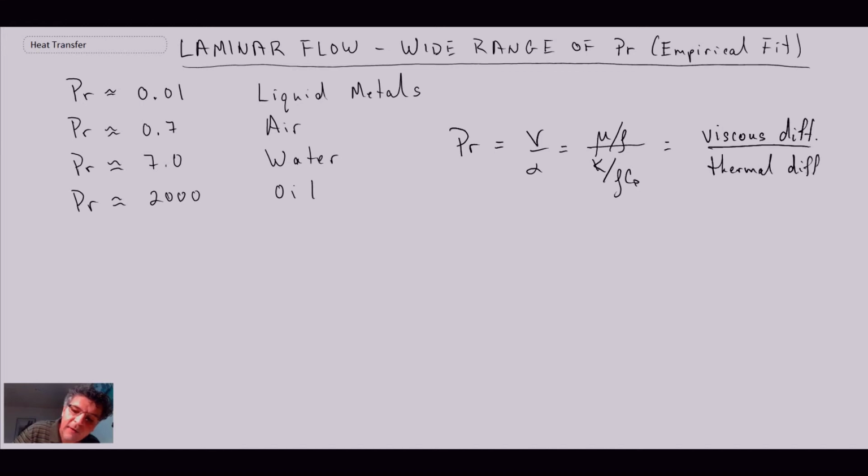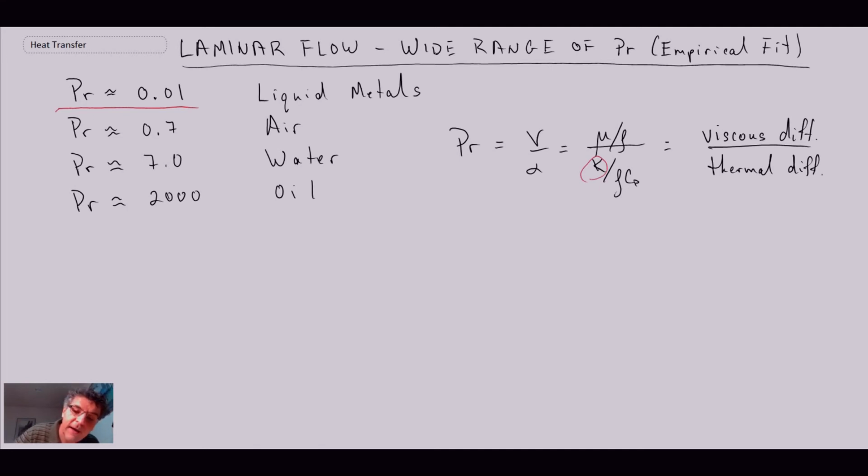And so that is why, if we look at a liquid metal, liquid metals are going to be highly conductive, and consequently k, which is in the denominator, is going to be really, really large, and consequently our Prandtl number is very, very small.